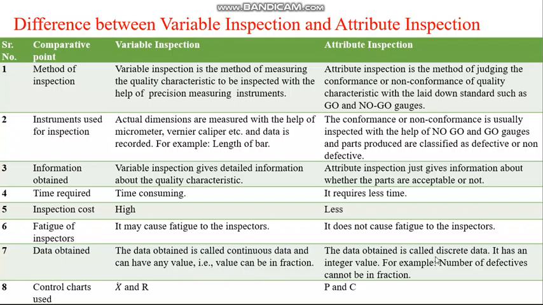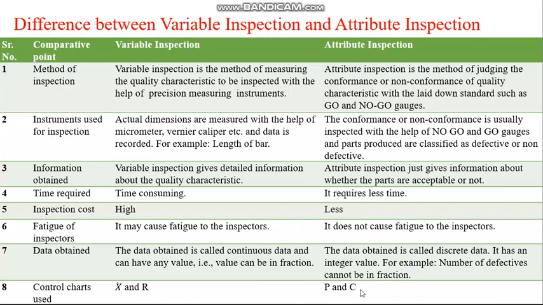Here the data obtained is discrete data, and it is an integer, and it cannot be a fraction. Integer means that is the meaning. The examples will be number of defectives, which cannot be in fraction.